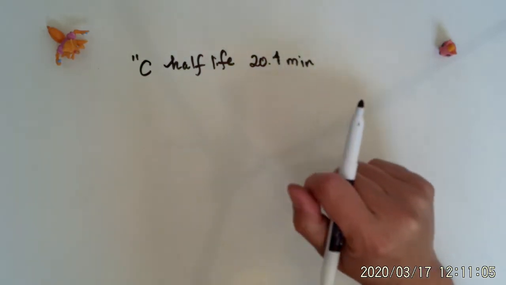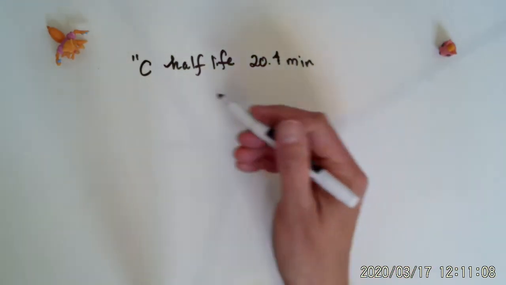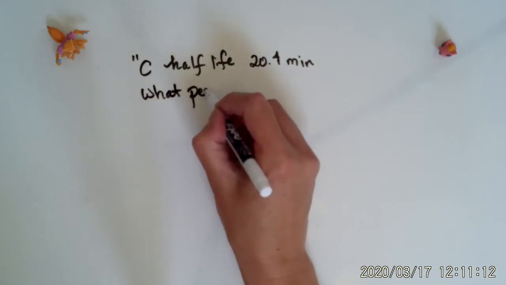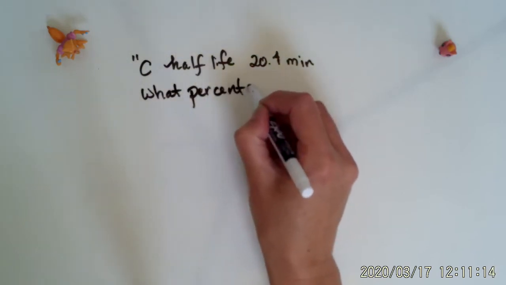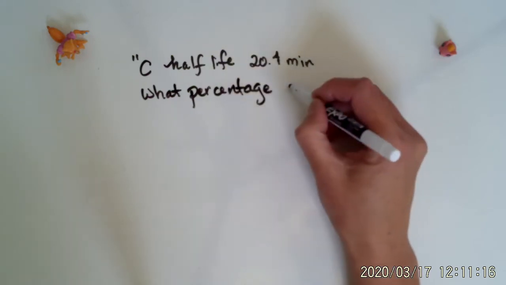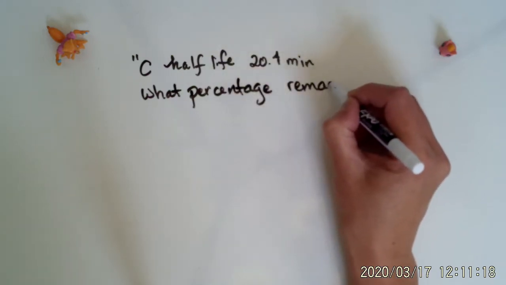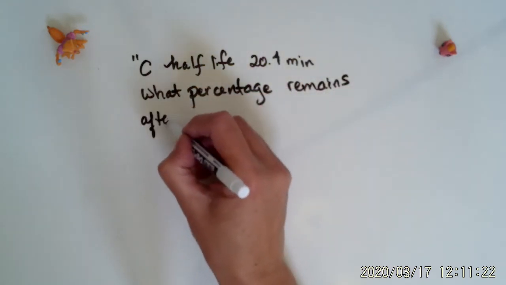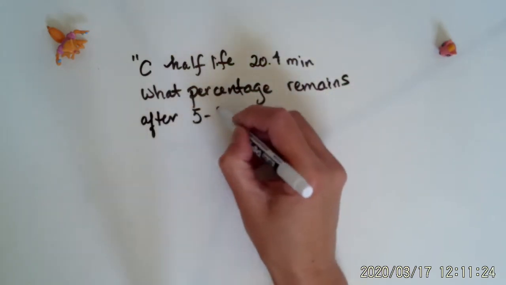So essentially, what percentage remains after 5 half-lives?